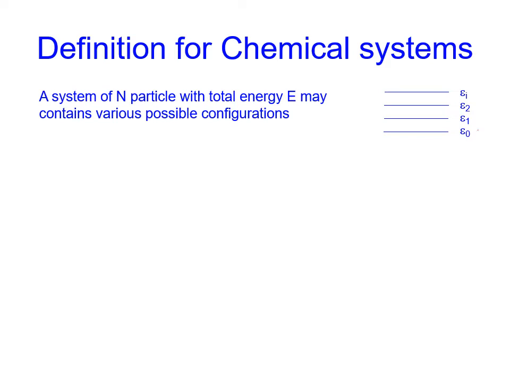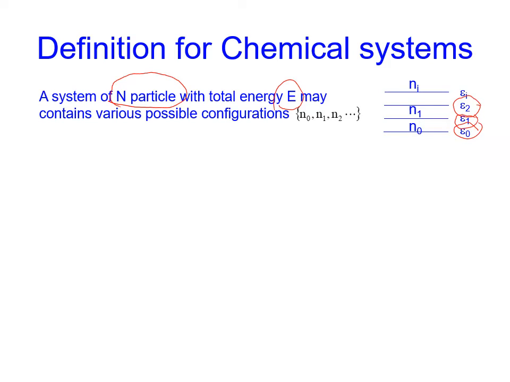Assuming epsilon 0 is the lowest energy, epsilon 1 is the second allowed energy, epsilon 2 is the third allowed energy, and assume the system contains n particles with total energy E. This system may contain various possible configurations. A configuration tells us how many molecules occupy the lowest energy, how many occupy the second energy, and so on.